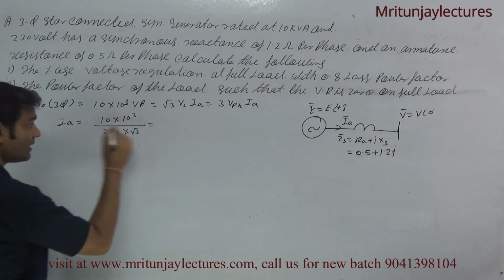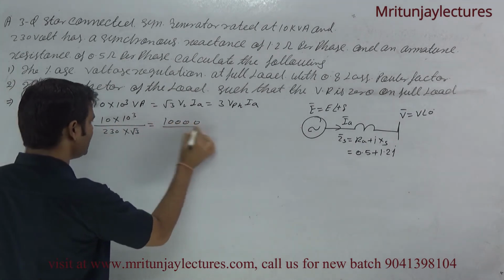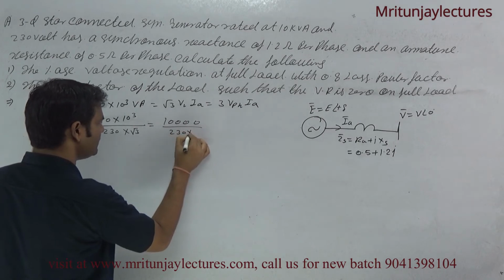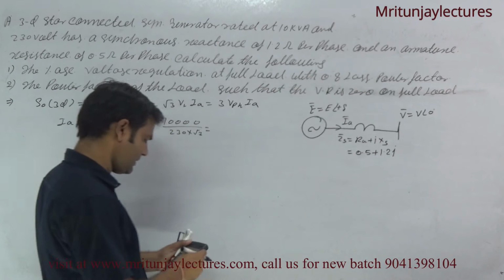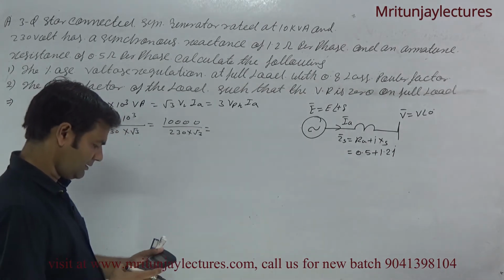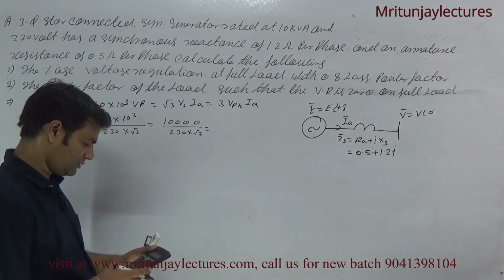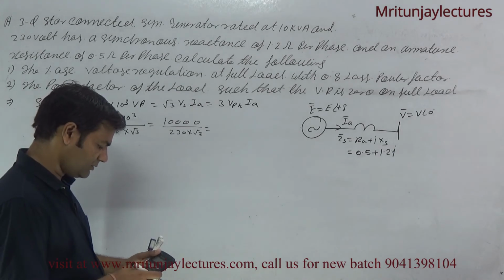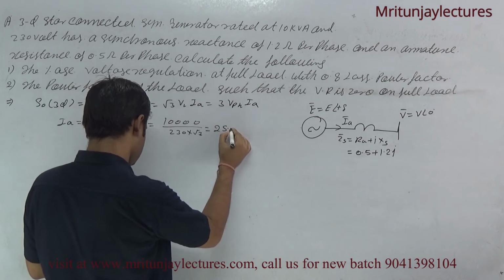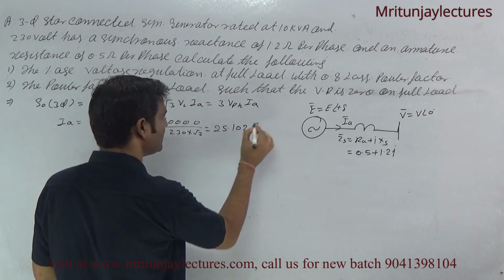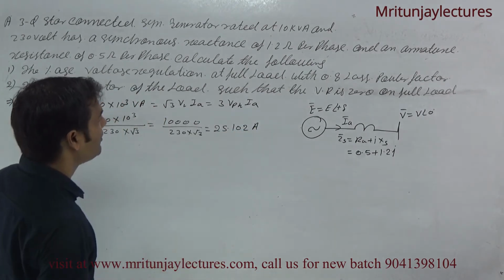So that is 10,000 divided by 230 into root 3, which gives 25.102 ampere.